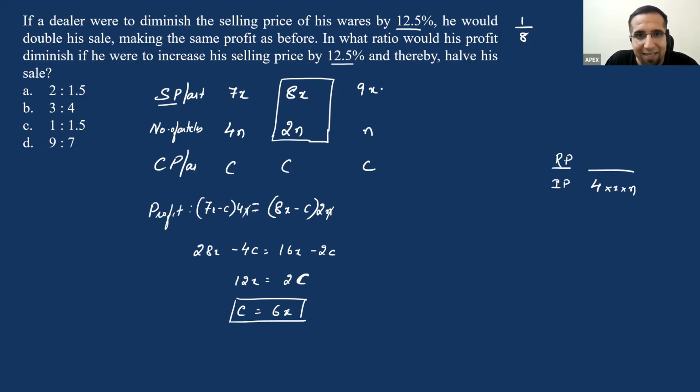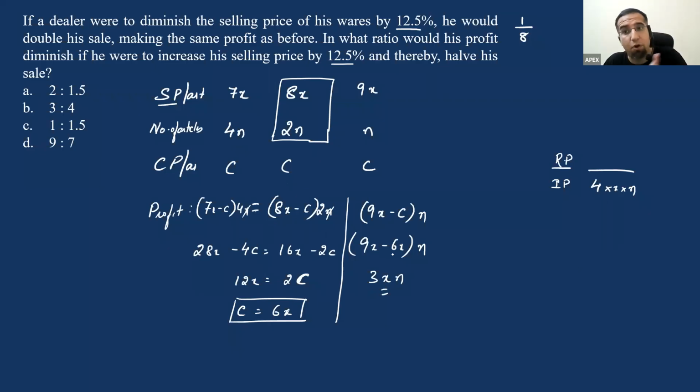Now, what has happened in this case? I'm making it 9x and I'm selling n articles, and the cost price remains the same. So the profit becomes 9x minus c into n. If I replace the value of c here, 9x minus 6x will be 3x, and 3x into n. So here I'm making a profit of 3xn. This is my reduced profit.